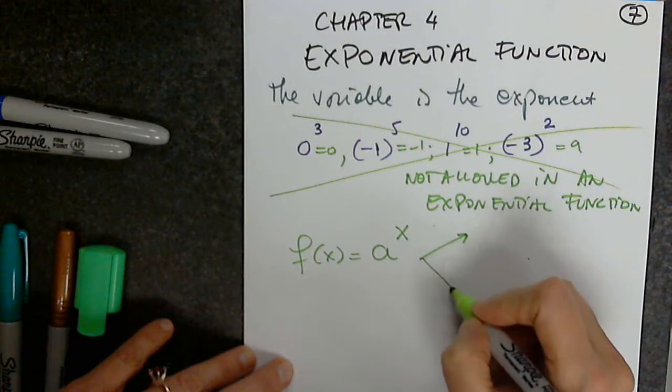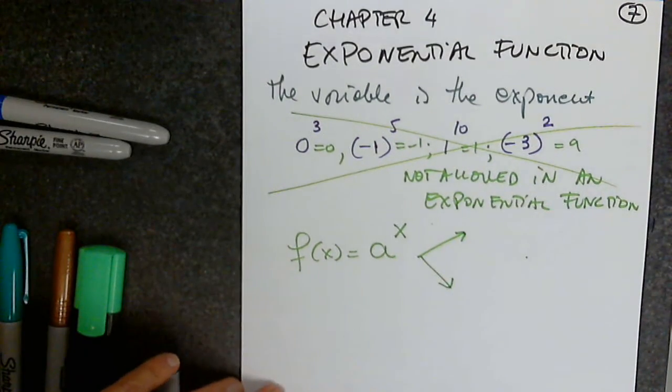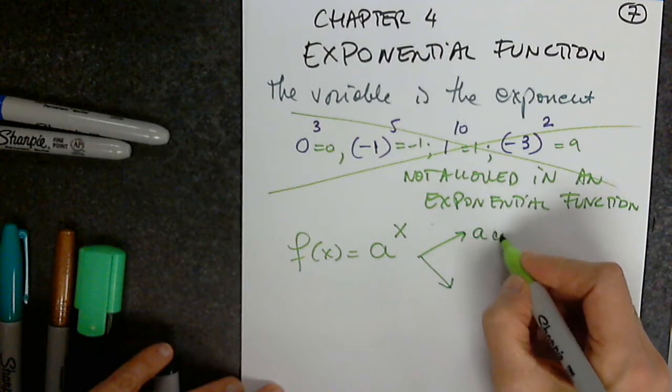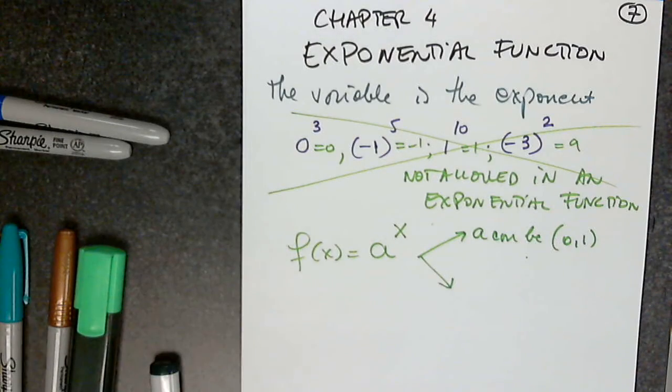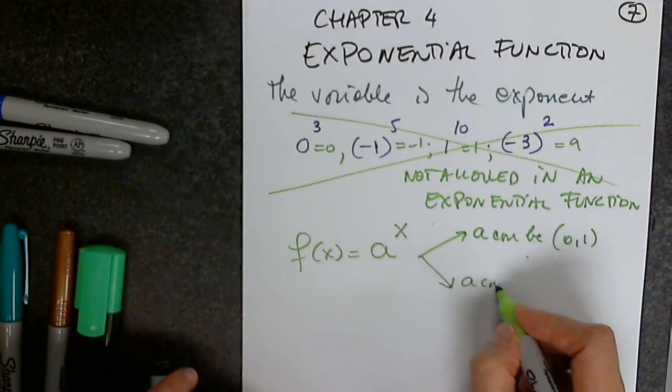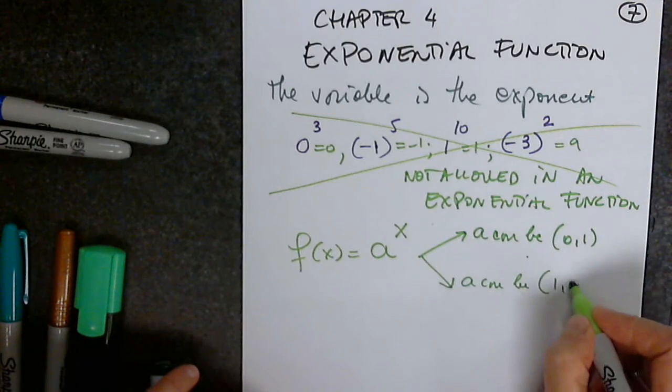So there are two possibilities here. a can be between 0 and 1, as you notice, not 0, not 1, or a can be in the interval (1, infinity).